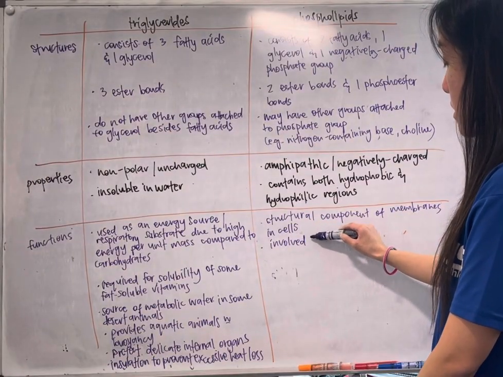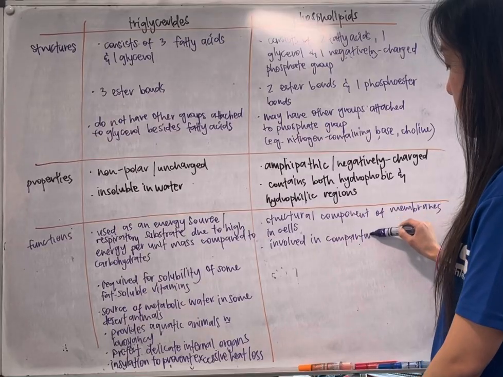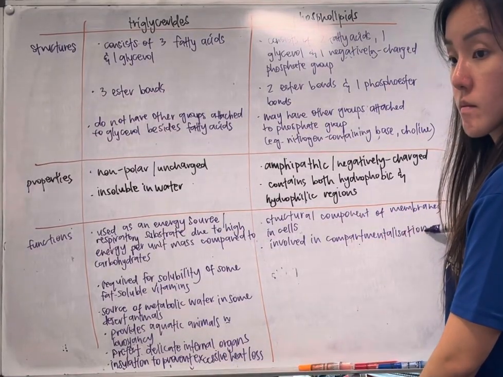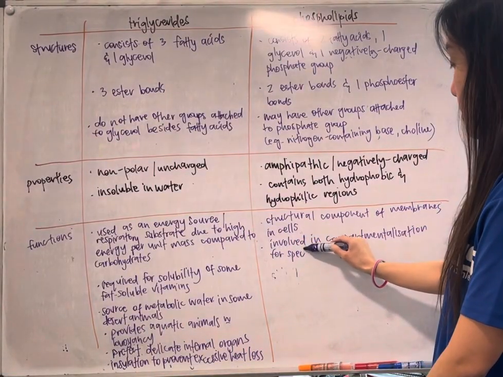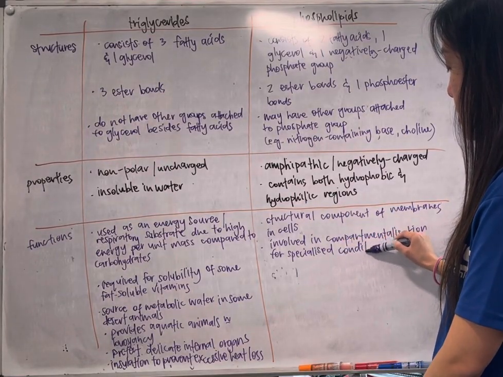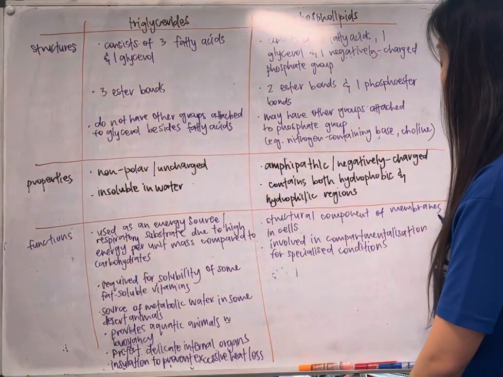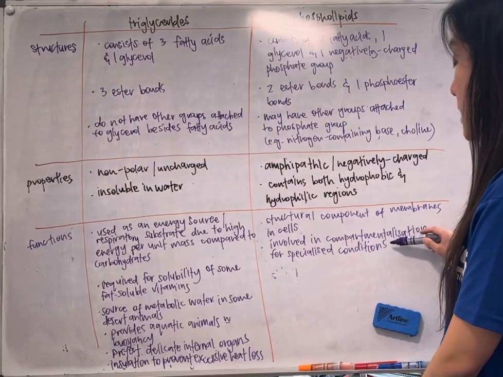Compartmentalization. An example of specialized conditions that I need to maintain is the proton gradient between the inner membrane of your mitochondria and your matrix and your intermembrane space of your mitochondria.